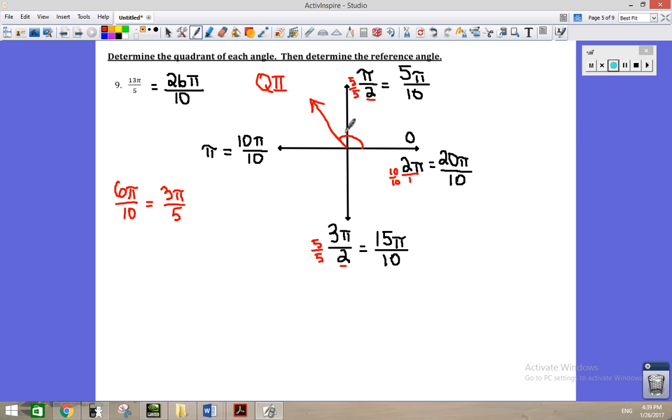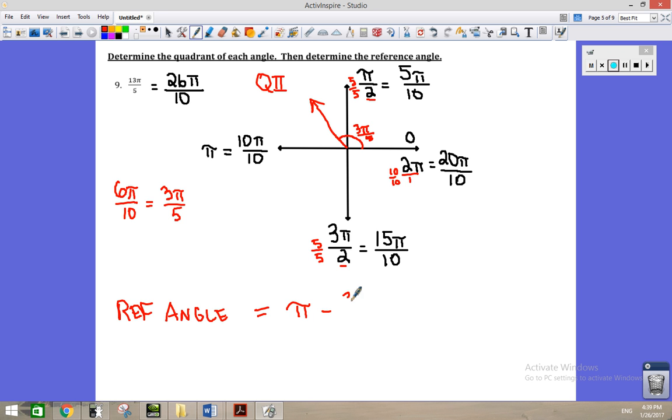If the terminal side of my angle lies in quadrant 2, then the reference angle will always be pi, or 180 degrees, minus this angle of 3 pi over 5, the one that was coterminal to the original angle of 13 pi over 5. They lie in the same quadrant.